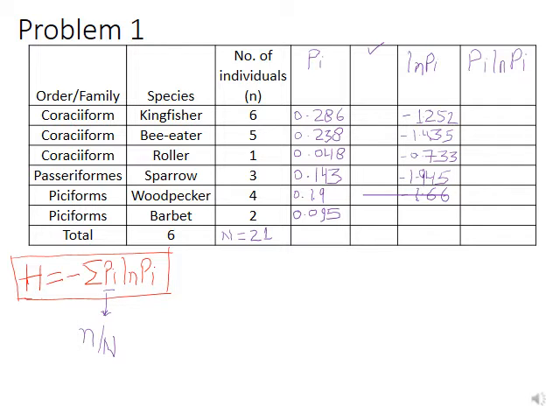Delete this, looking ugly. Then minus 1.66 and minus 2.35. Here we have to multiply the pi values with the log pi values.